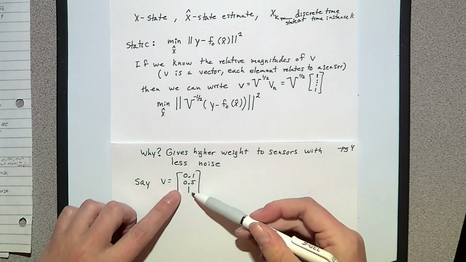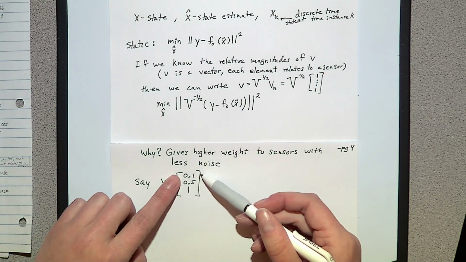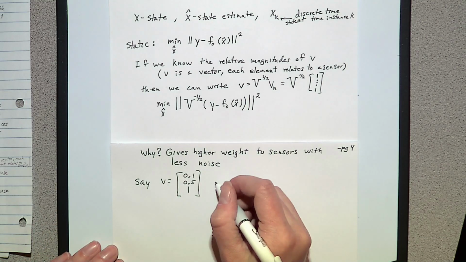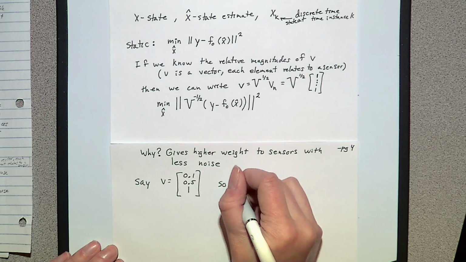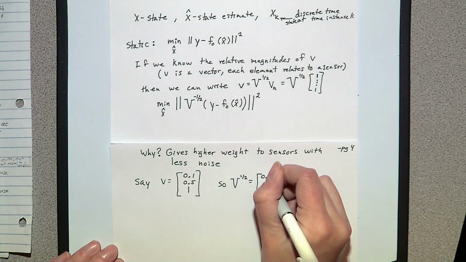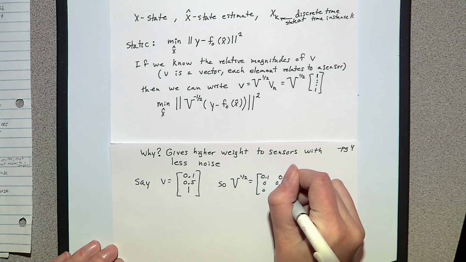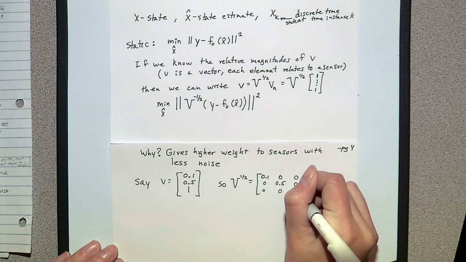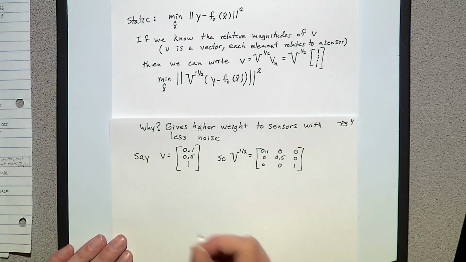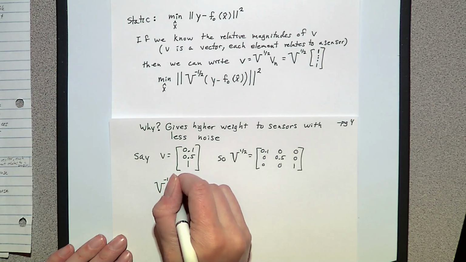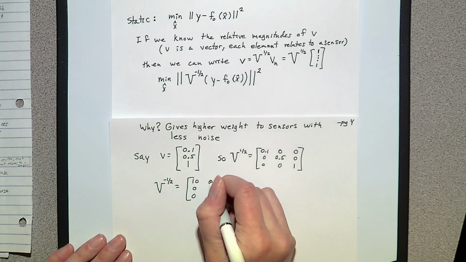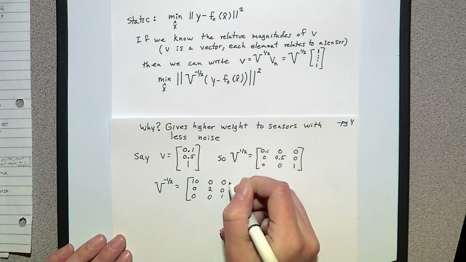So we have a lot of noise in the last sensor and not as much noise in the first sensor. Okay. So our V^(1/2) would be 0.1, 0.5, 1. And then our V inverse would be 10, 2, and 1.